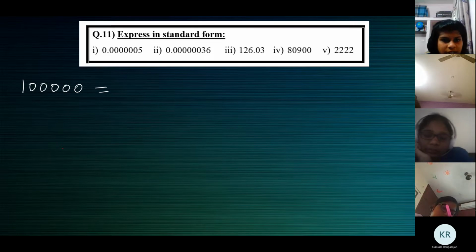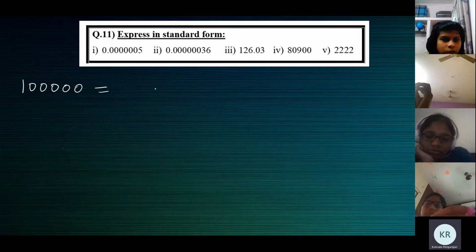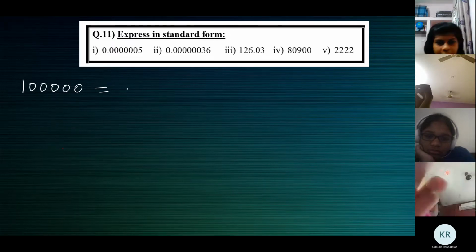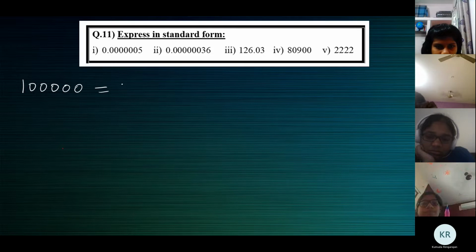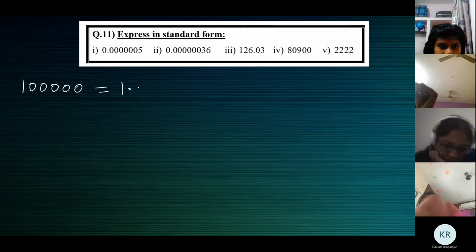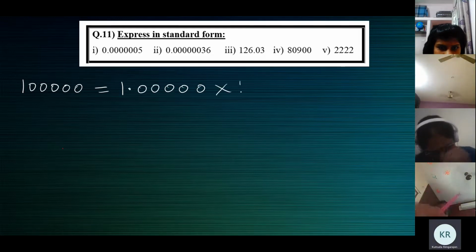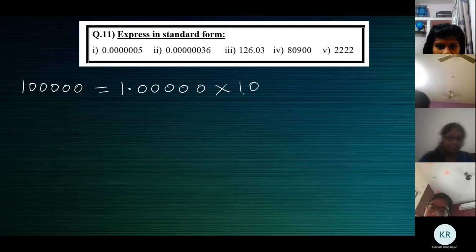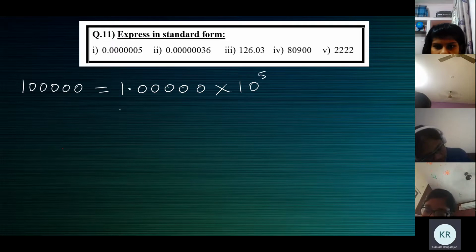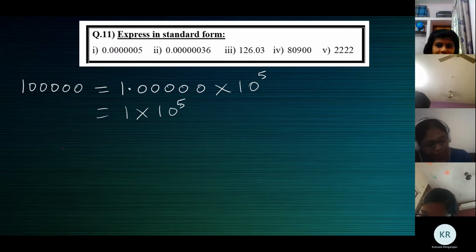Ma'am, 1.00000, and 1 into 10 power 5. How many zeros? 5, ma'am. So you can also take away the zeros and just write 1 into 10 to the power 5, correct? Yes, ma'am. Perfect.